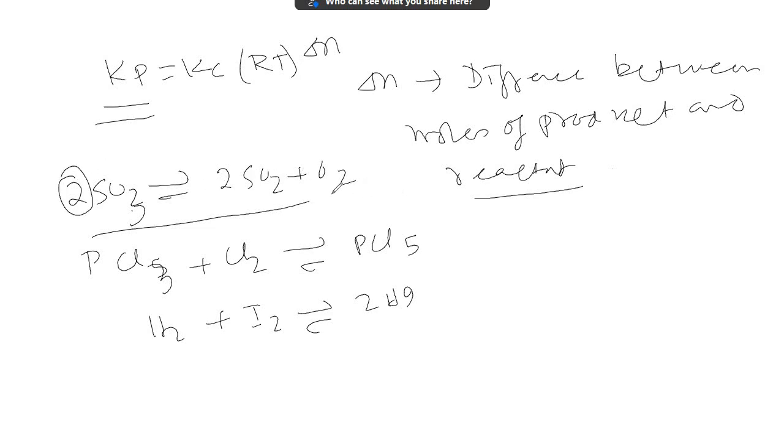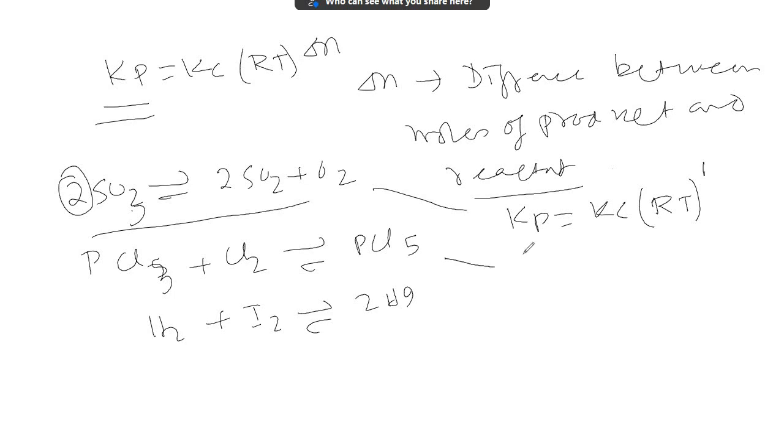So for this reaction, 2SO2 plus O2 gives 2SO3 in reverse form, the relation between Kp and Kc will be Kp is equal to Kc into RT to the power moles of product minus reactant. The product is 3, reactant is 2, to the power 1. So Kp is equal to Kc RT to the power 1.